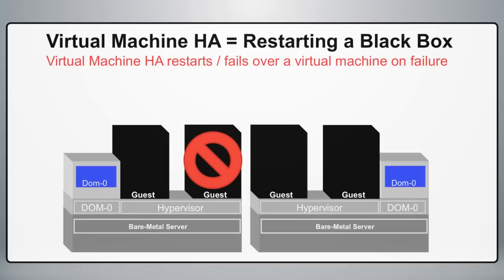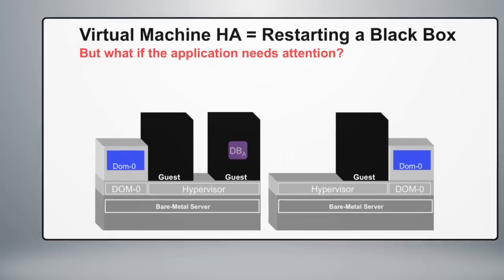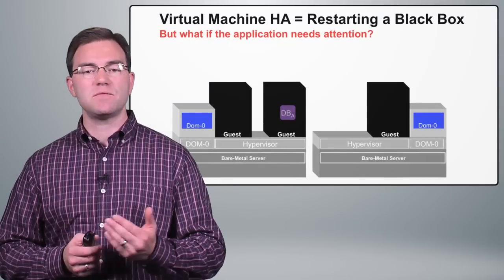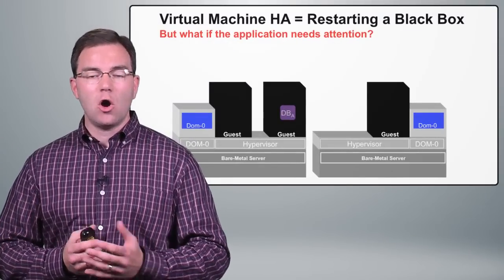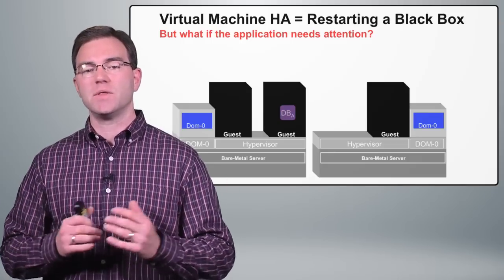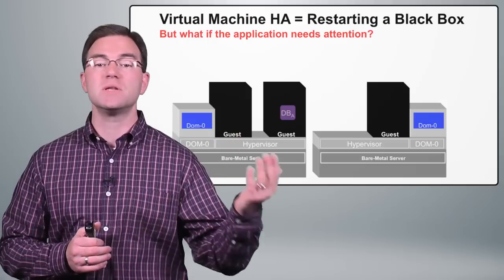However, what's missing here is the insight into the guest or into the VM. In other words, what happens if my guest runs a database? And what happens if this database fails? Or for that matter, any other subcomponent needed for the database. Let's think of a listener, for example.